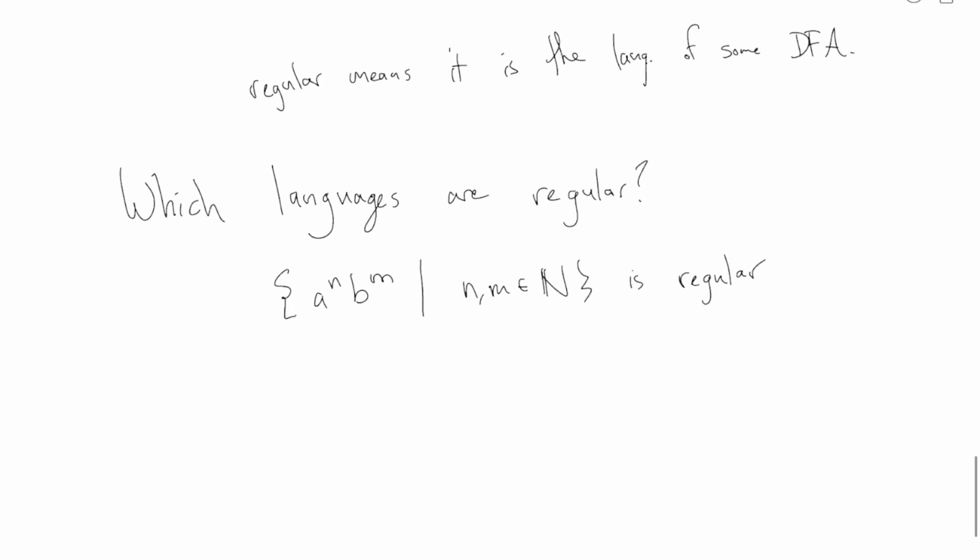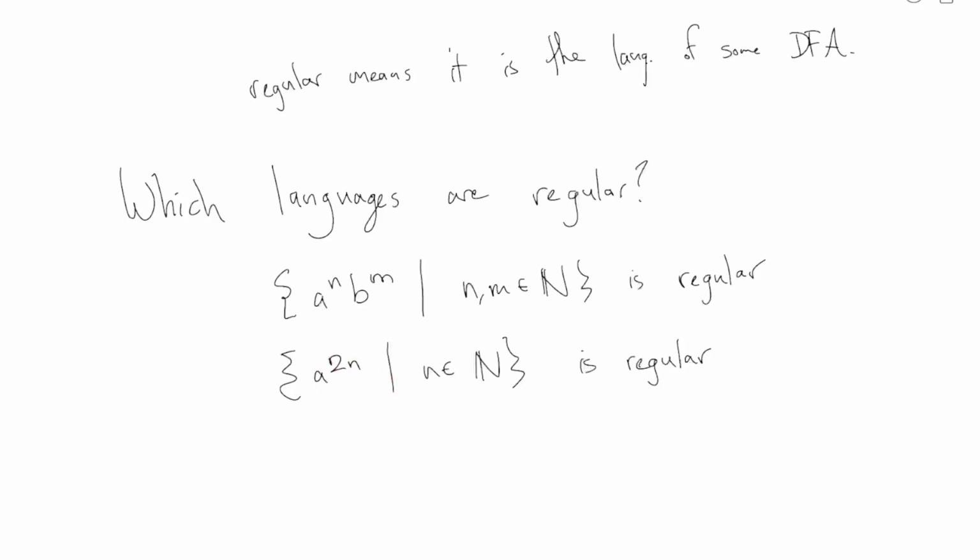Something like a to the 2n is also regular. When I say it is regular, it means there is a DFA which has that as the language it accepts. And is there really a DFA which accepts this language?